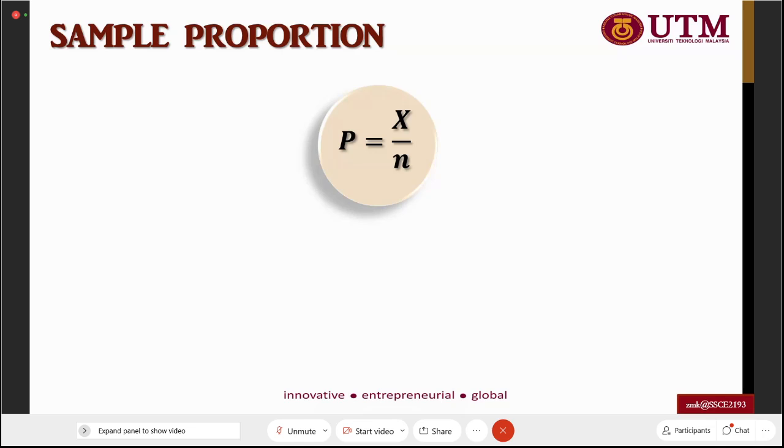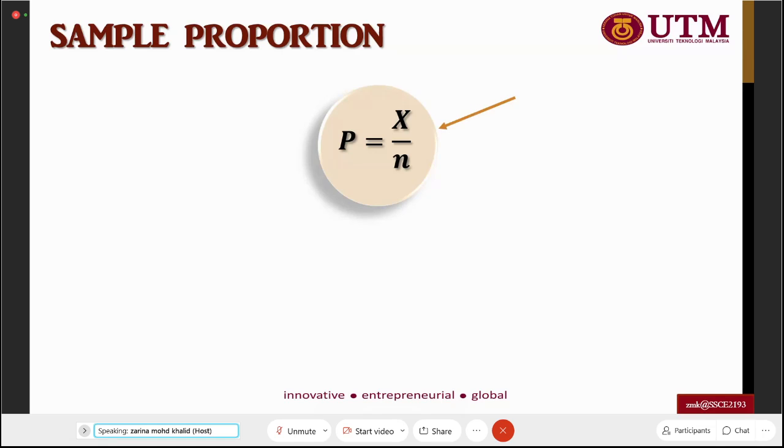So don't be confused with the sample mean. When you learn about the sample mean, you sample from a binomial distribution where the number of trials and the sample size can be different. But for this one, we talk about P directly from pi, which is realized from the binomial distribution.